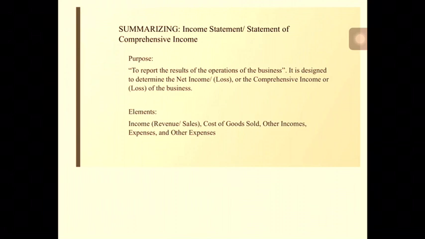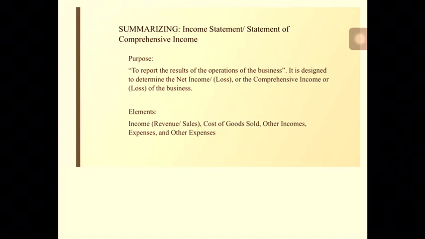Okay, but if, let's say for example, the business has an available space beside its store, it owns an idle space beside its store, and it decided to rent it out to another person or another business, the rent income that may be collected from that activity is not really a part of the regular course of the business.